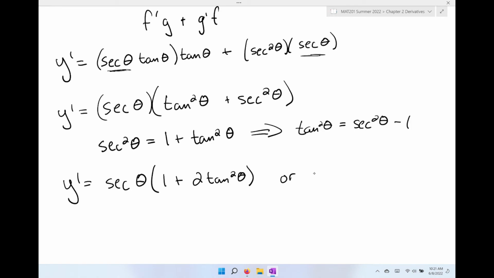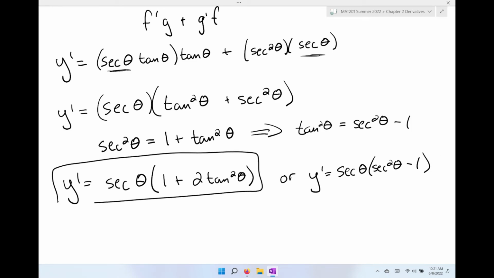So another answer could be y prime equals secant theta times 2 secant squared theta minus 1. In other words, both of these answers are completely acceptable. It all depends on how you want to rewrite this, okay?